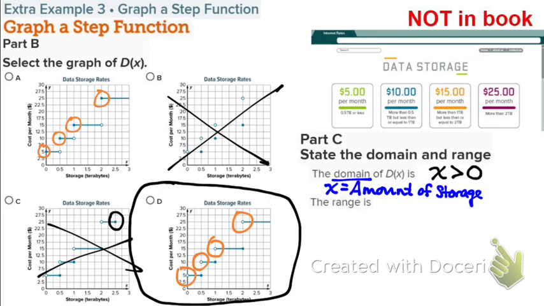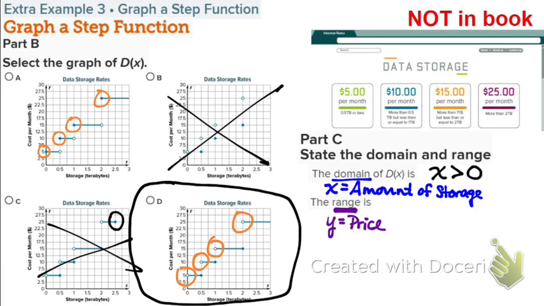If x is telling me about the amount of storage, and that's my domain, what is range explaining to me here? What'd you say? The price. What are the different prices that we would pay for storage, or that anybody would pay for storage?